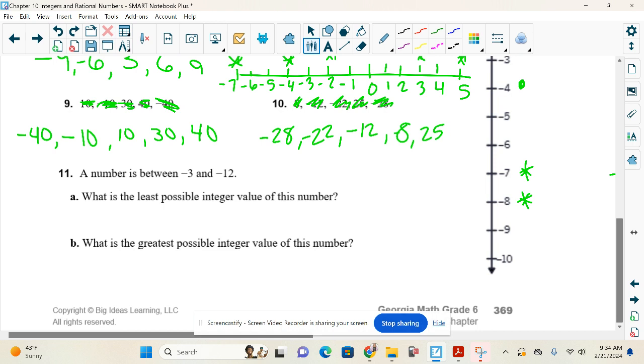What is the least possible integer value of this number? -11. Beautiful. What could be the greatest possible number? Well, what's the closest number to -3? -4. So that's going to be the greatest possible number. Very good job.